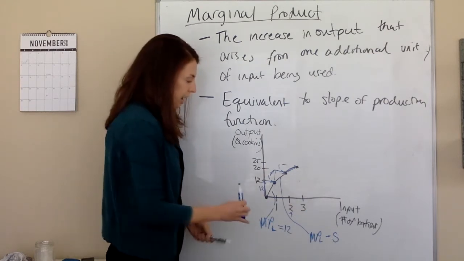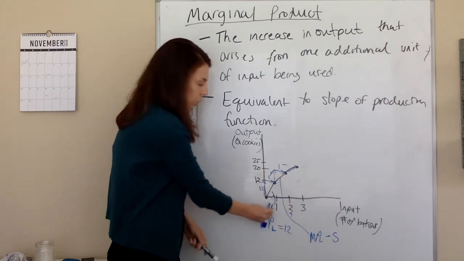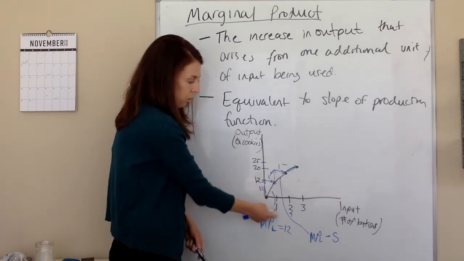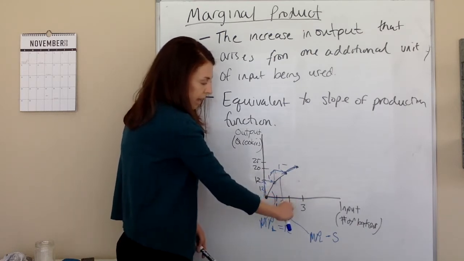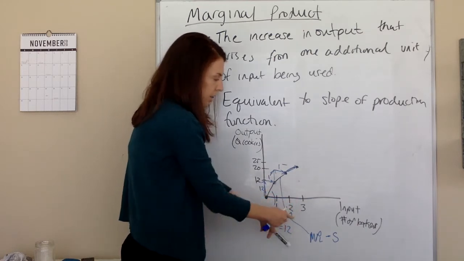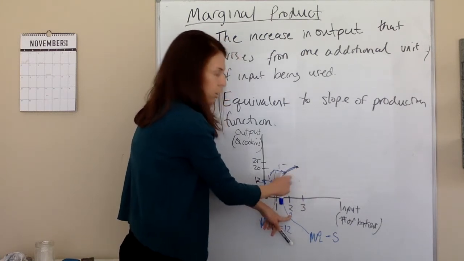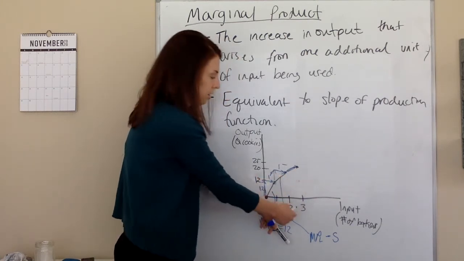So if you're looking at an increase in labor from 0 to 1, then this segment of the production function has a slope equal to the marginal product of the first worker. If you're looking at increasing inputs from 2 to 3, then this segment of the production function has a slope equal to the marginal product of the third worker.